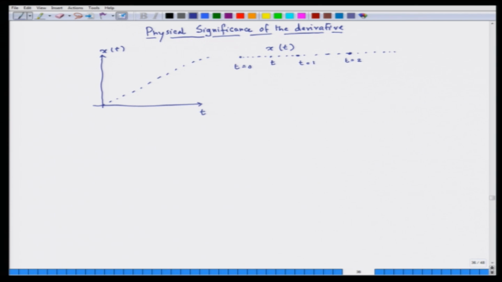Now what is the meaning of velocity at a given point? That was one of the very important questions that was first faced by Newton while developing mechanics. It was Newton who brought in the idea of instantaneous velocity.